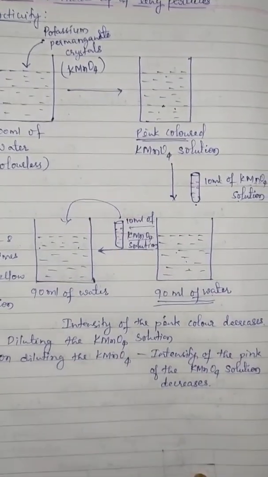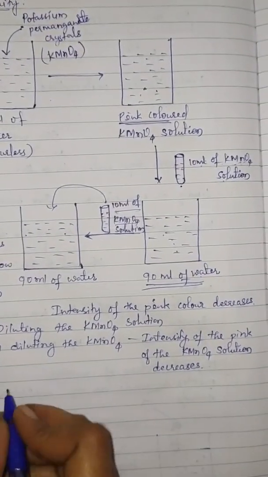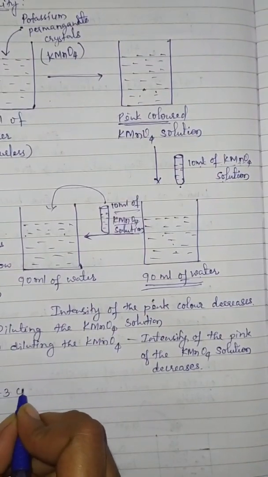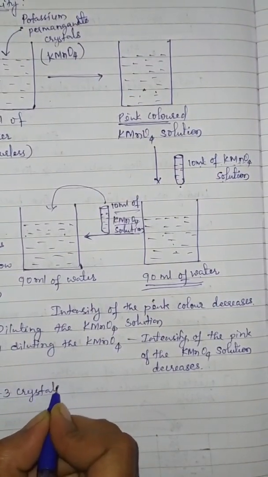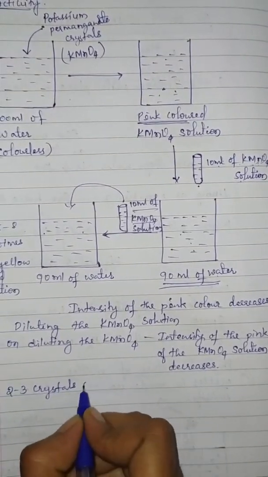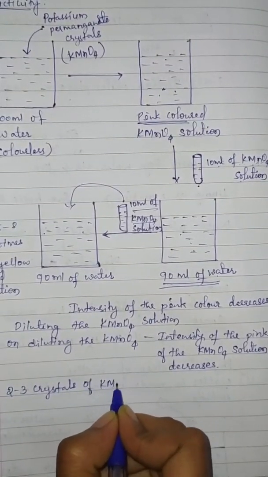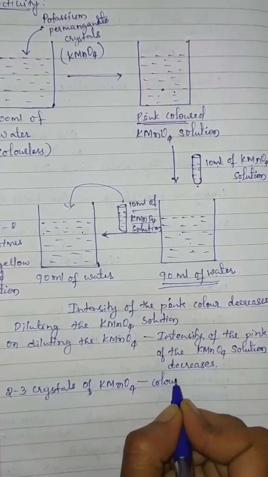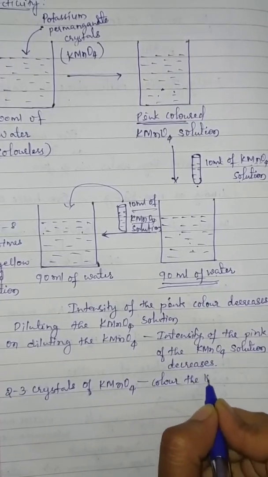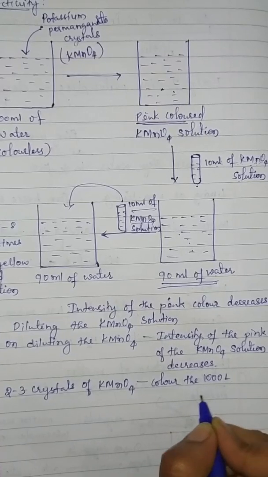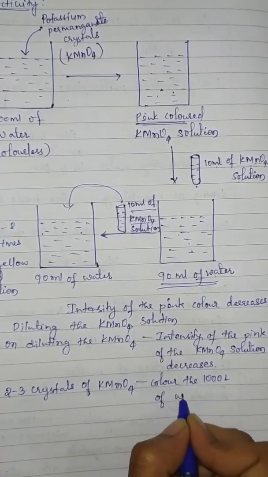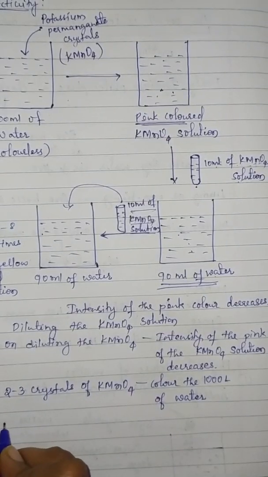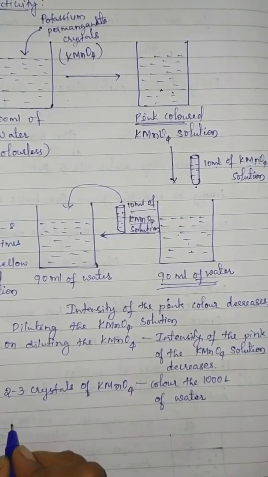Okay, from this activity, we can conclude that 2 to 3 crystals of potassium permanganate can color 1000 liters of water. Okay, 1000 liters of water.